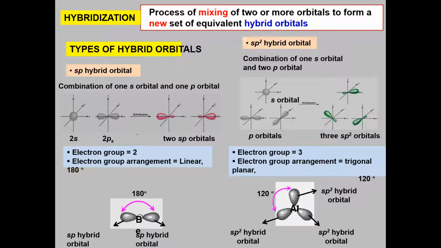So contohnya sp orbital, we only have one s orbital. So s orbital, and from the 3p orbital tu, so kita ada p, we only ambil 1 and 2, so we having sp, so kita campur 2. While kalau untuk sp2, so we have 1s, 1p, and second p orbital kita campur, we have this.